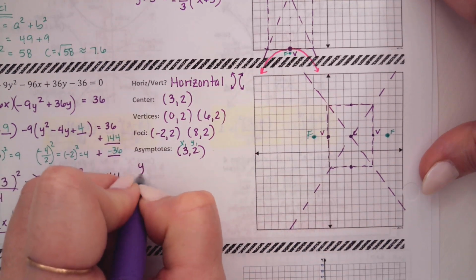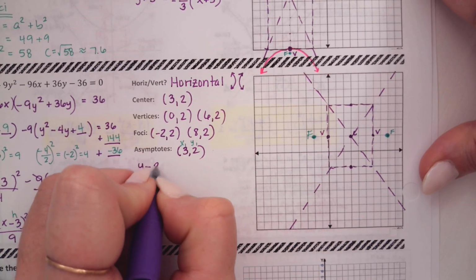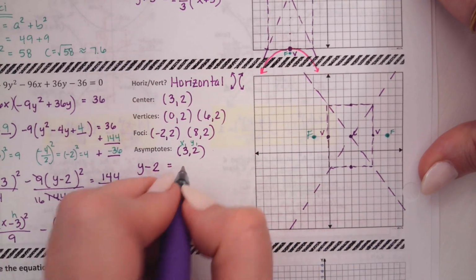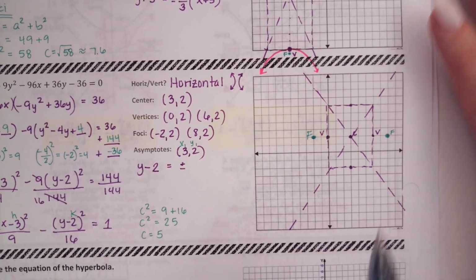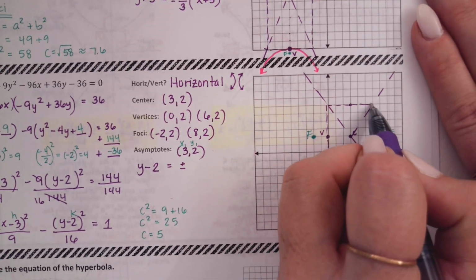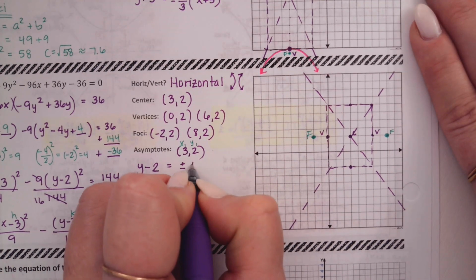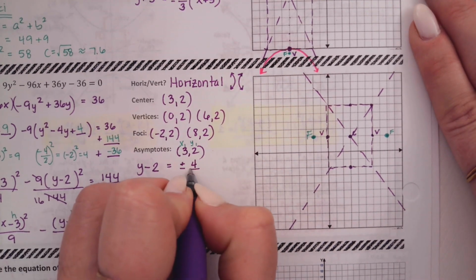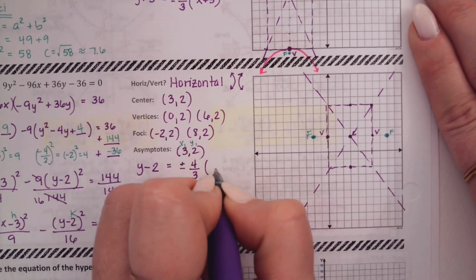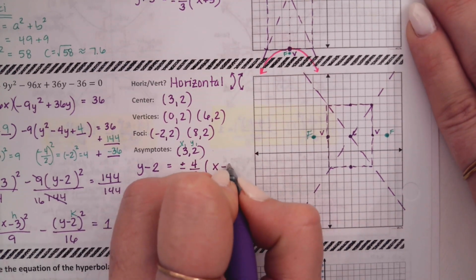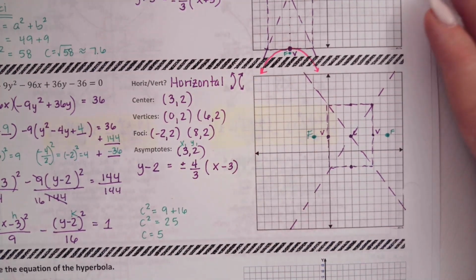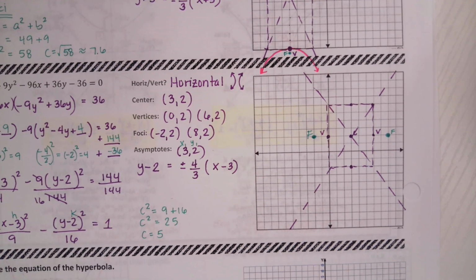So I'll have y minus the y1 equals, and then we can do plus and minus of the same slope. To get from the center to that top right corner, what is the rise over run slope? 4 over 3. And then we'll have x minus the x of that center point. And again, you don't have to distribute it out unless you just really like fractions and distributing.